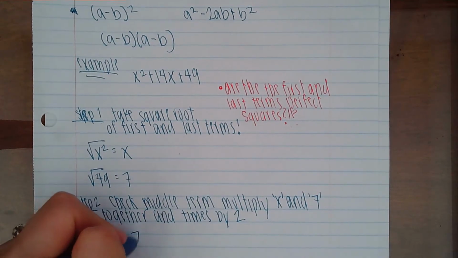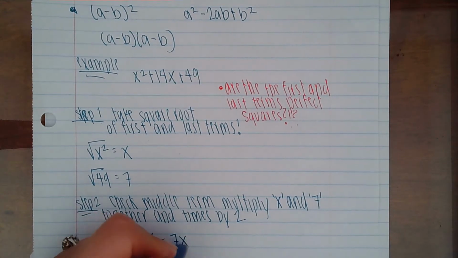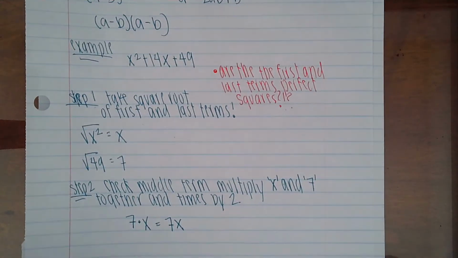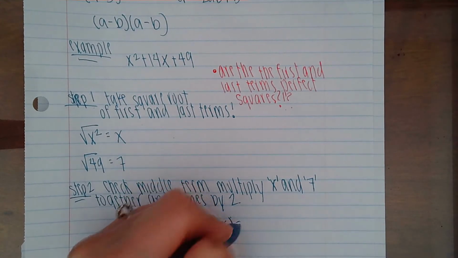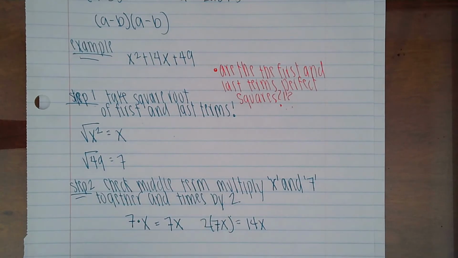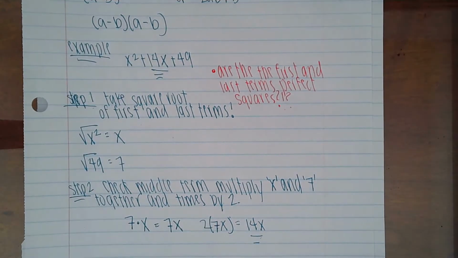So I would do 7 times x, and I would get 7x. Then I would take that answer, 7x, and multiply it by 2, and I would get 14x. And if you notice, this term, 14x, and this term match.